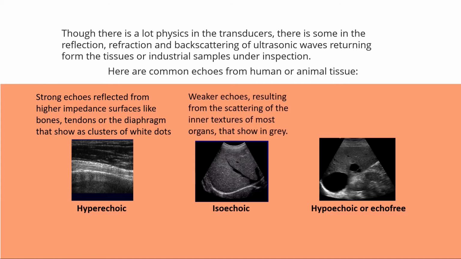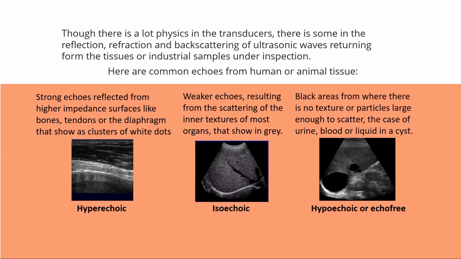Isoechoic. Those are weaker echoes, resulting from the scattering of the inner textures of most organs, that show in gray. And there's the hypoechoic or echo-free areas that show in black, from where there's no texture or particles large enough to scatter, the case of urine, blood, or liquid in a cyst.